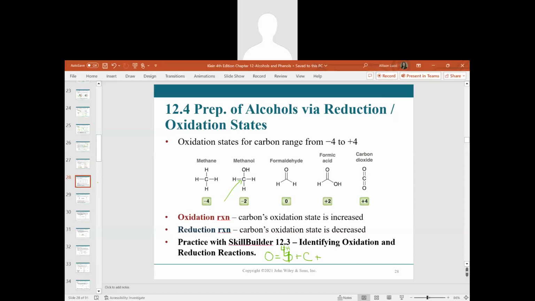And then for oxygen, we always know in compounds it has a -2 oxidation state. So using this math, we see that 0 equals carbon plus 2. If we rearrange this equation, we could see that carbon has an oxidation state of -2. In general, carbon's oxidation state can range anywhere from -4 to +4.